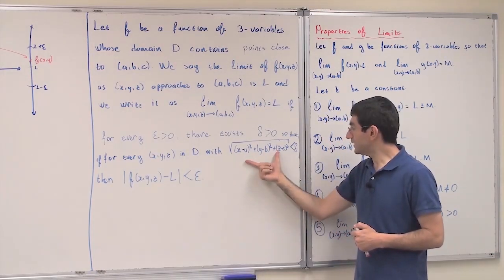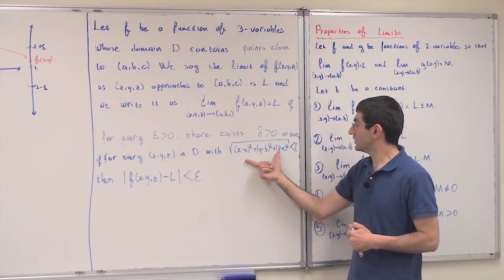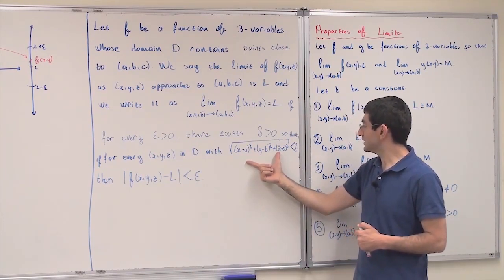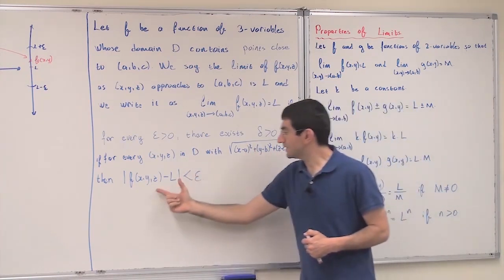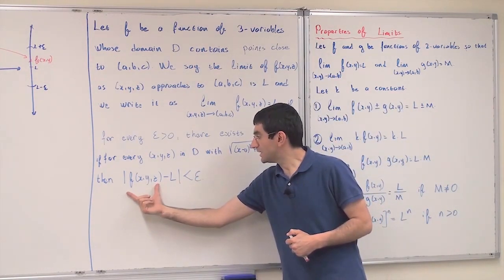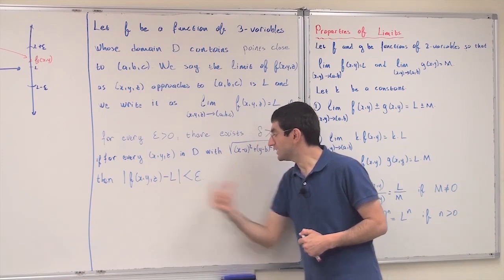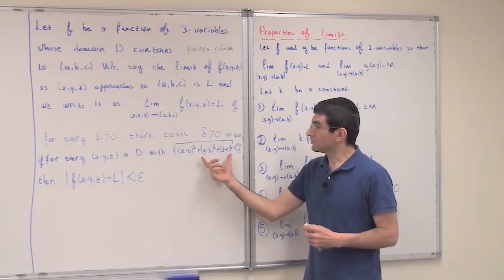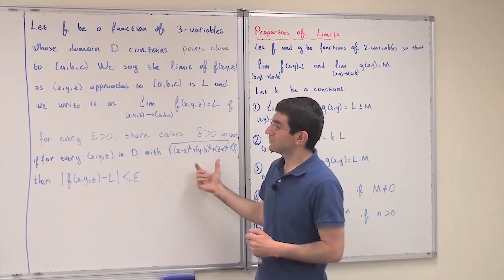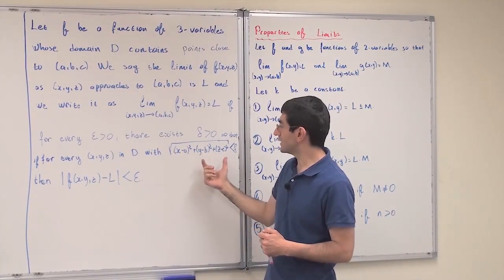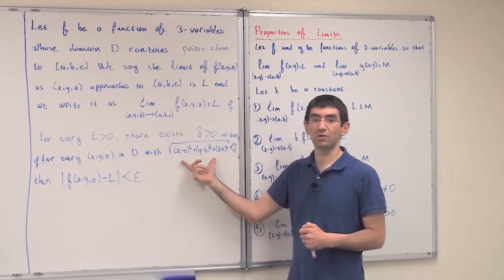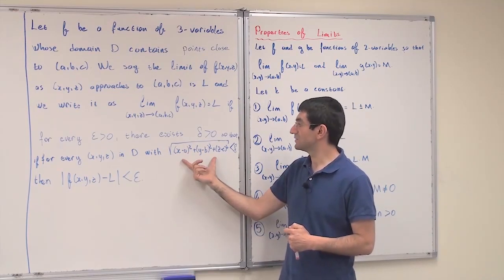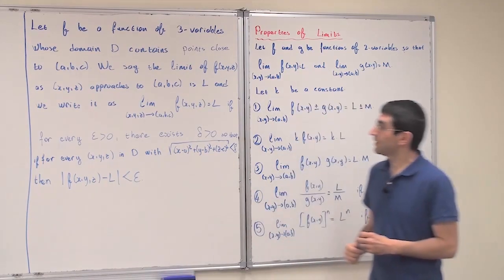So, if the distance of (x, y, z) to the point (a, b, c) is less than delta, then the distance between f(x, y, z) and L is less than epsilon. So, the only difference between the notions of limits of functions of 2 and 3 variables is this distance formula. So, the way we calculate the distance in 2 dimensions and 3 dimensions is different.